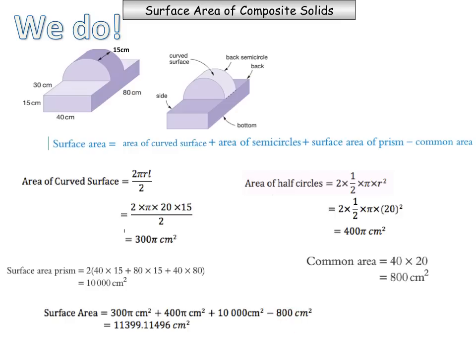Now you'll notice here that we haven't multiplied it by 2, and that's because when we found the area of the half cylinder, we didn't actually include that rectangle that you would find on the bottom of the half cylinder. So that should be our answer.